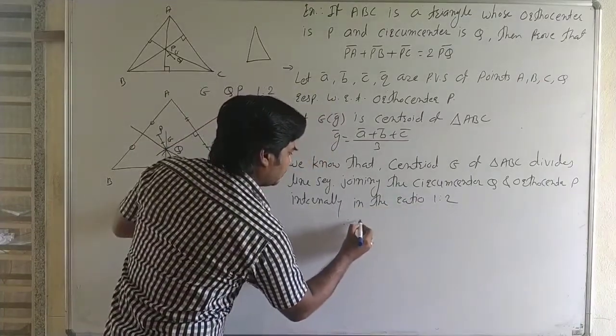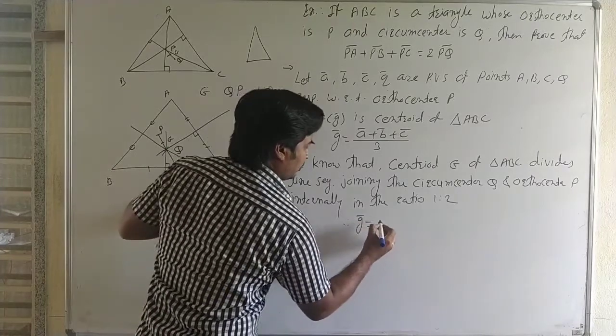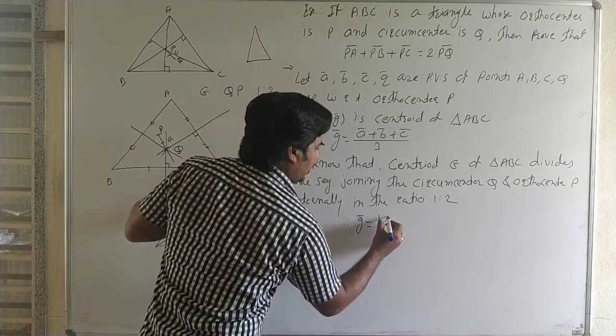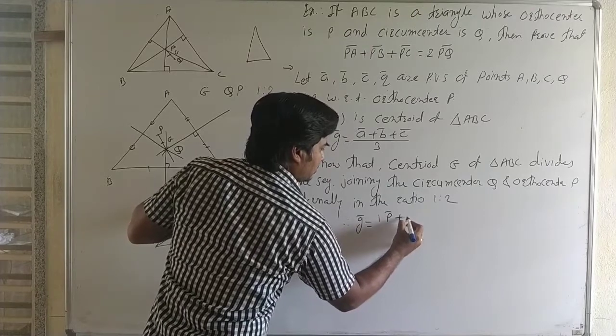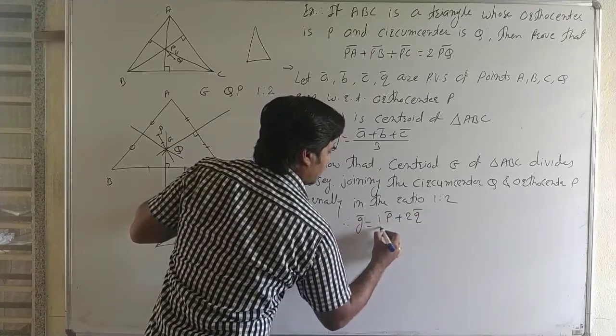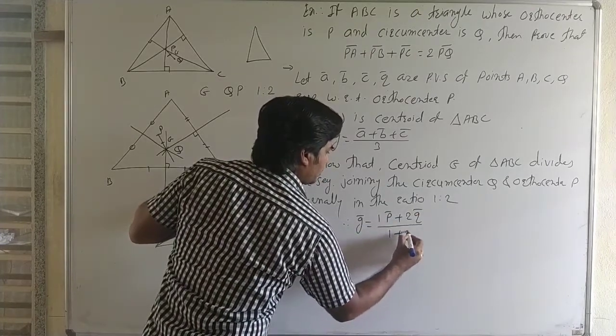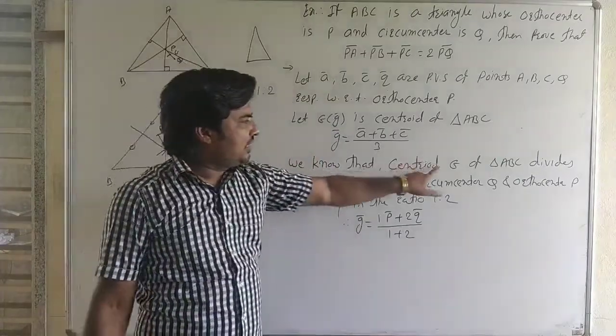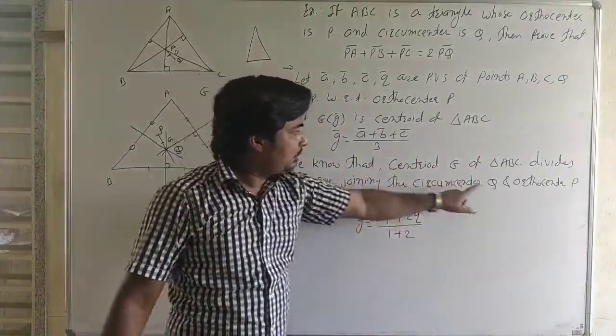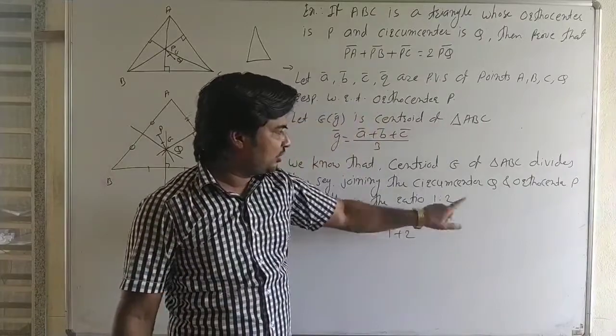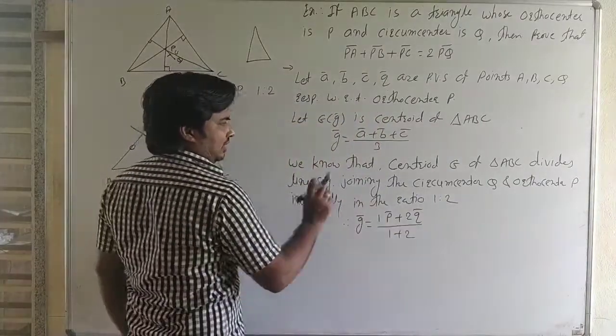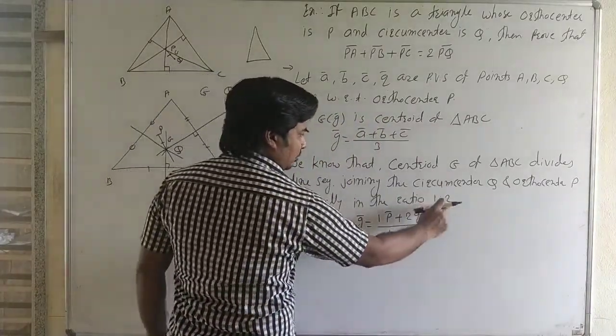Therefore we can write G bar is equal to 1 into P bar plus 2 into Q bar upon 1 plus 2. That is, G divides QP internally in the ratio 1:2.